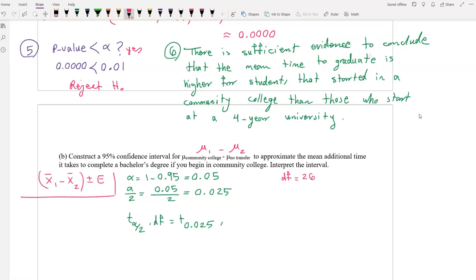So it was 268 minus 1, 267. Then use inverse t, 1 minus 0.025, comma, degrees of freedom.